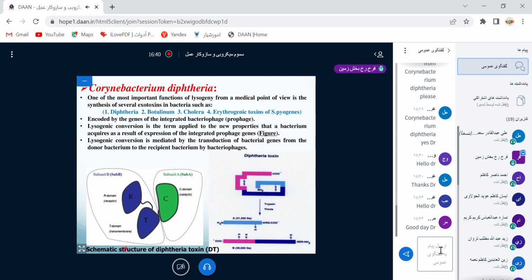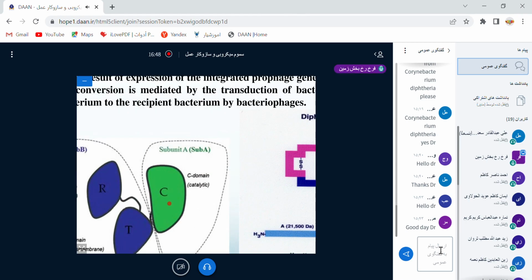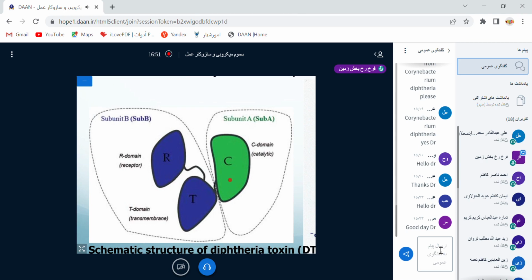As you see, this is the schematic structure of diphtheria toxin, DT. As this photo shows, it has two subunits, subunit A and subunit B. Subunit B contains two domains, the R domain and the T domain.